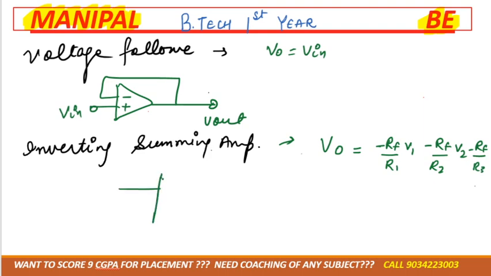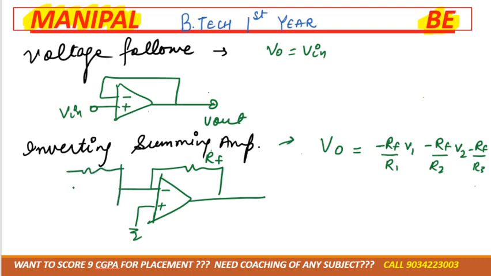If I draw the diagram, so I show that 3 voltages, so I am taking 3 voltages. Positive terminal is grounded, negative is always connected with the feedback RF. So here we have taken 3 voltages V1, V2, V3 and R1 R2 R3, okay.